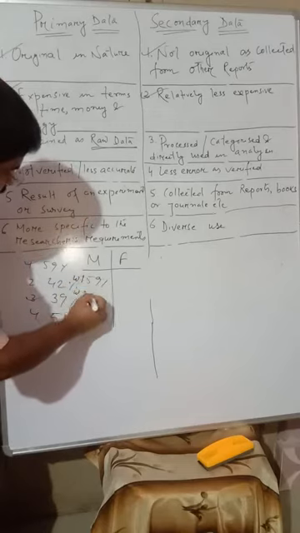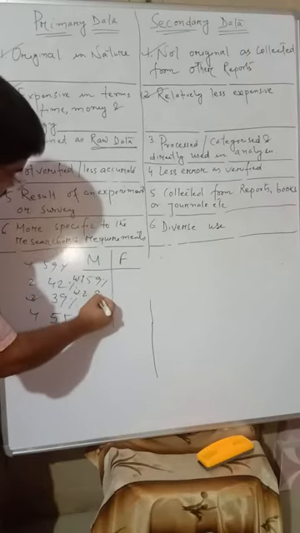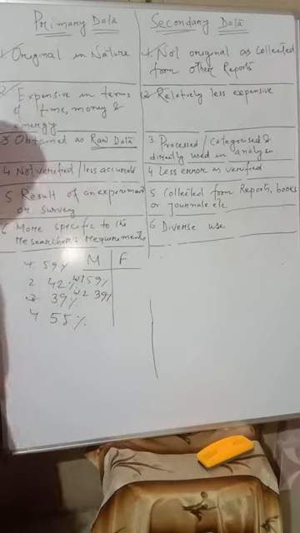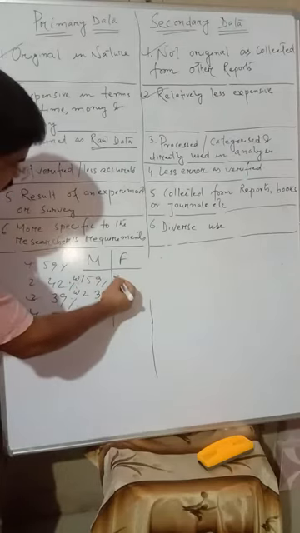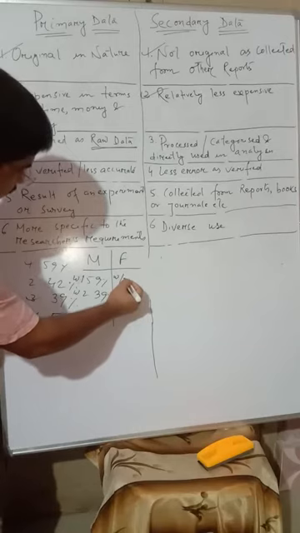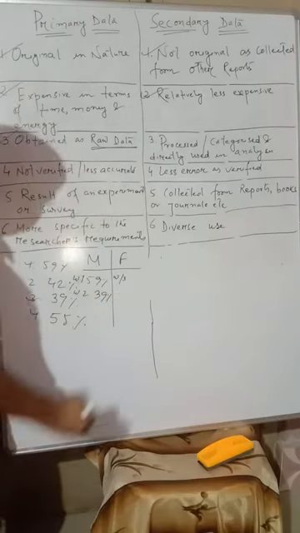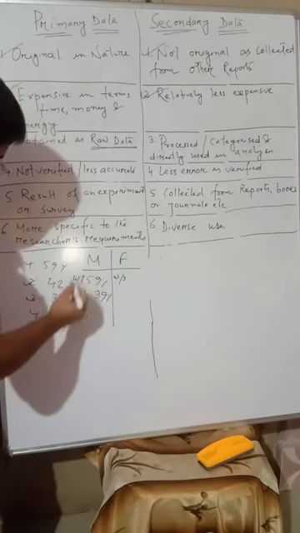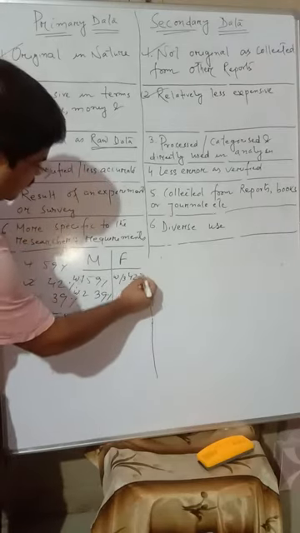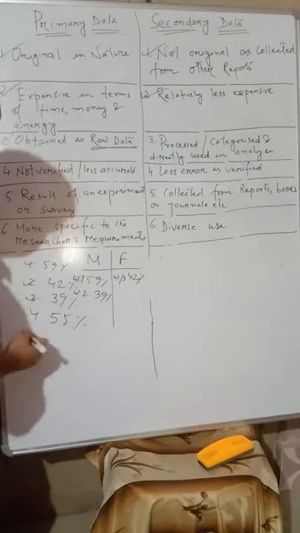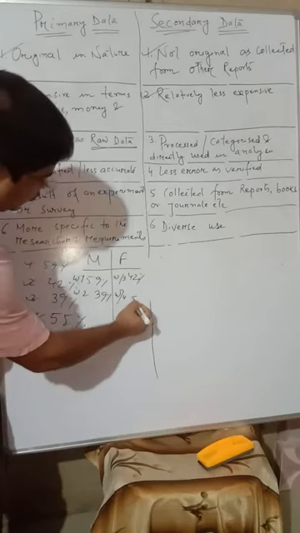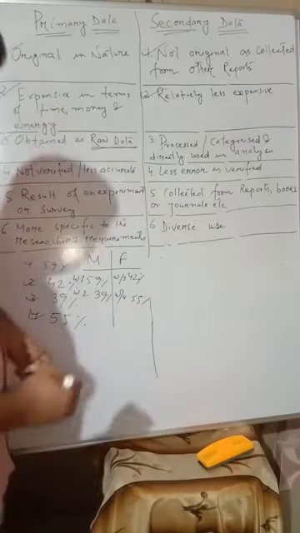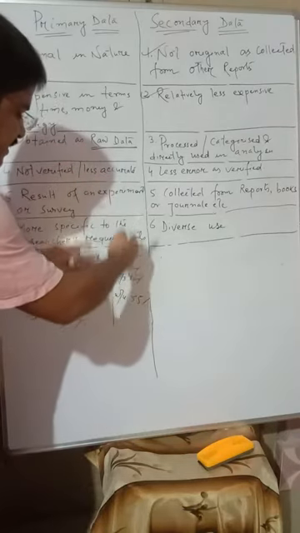In ward number 2, suppose I found 39% of the males literate, and in ward number 3, suppose 42% of females are found literate, and in ward number 4, suppose 55% of the females are found literate. So there are some classifications. This is called processed data.